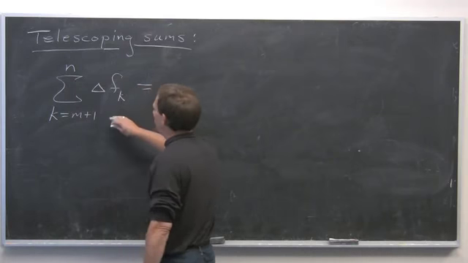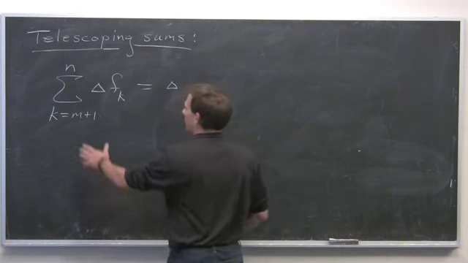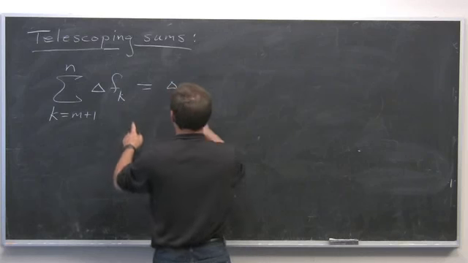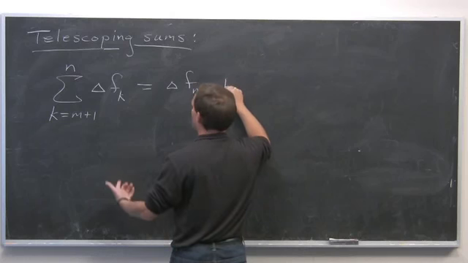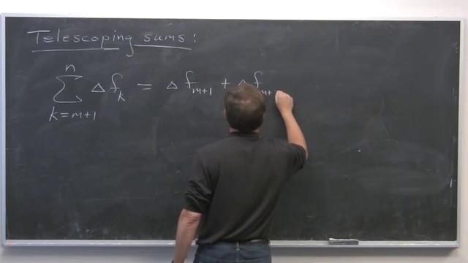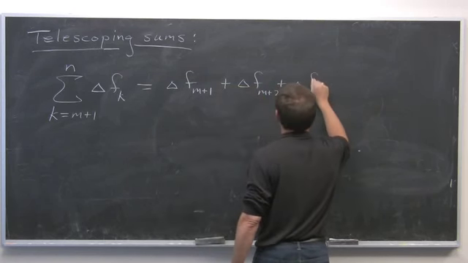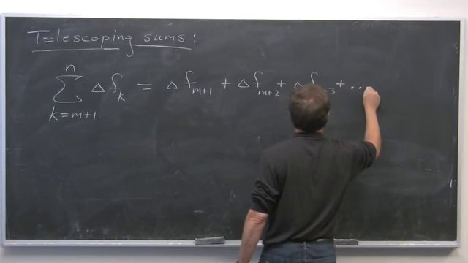So you start at k equals m plus 1, and then you add to that what you get when k is m plus 2, and you add to that what you get when k is m plus 3. And you keep going. So there's the dot, dot, dots.